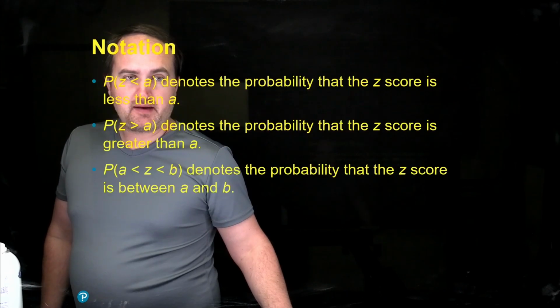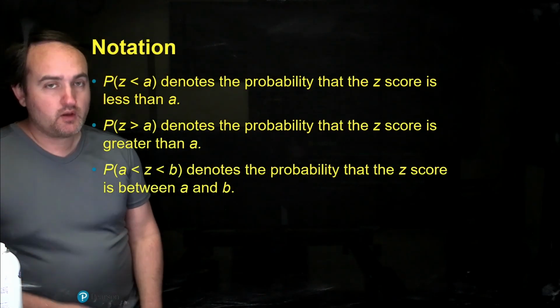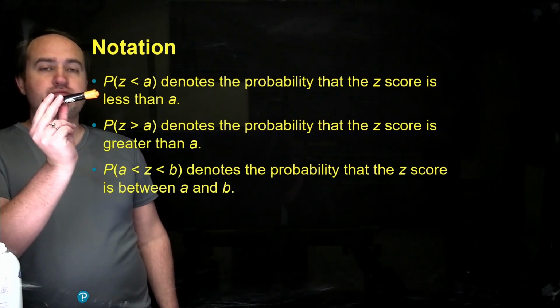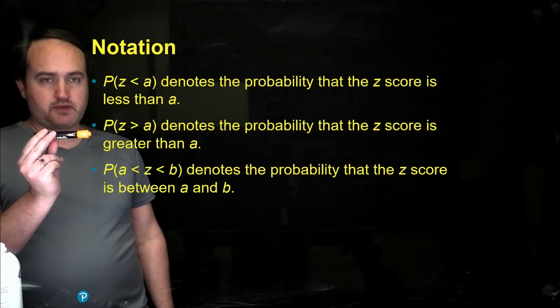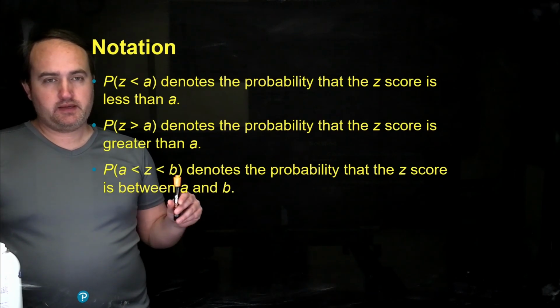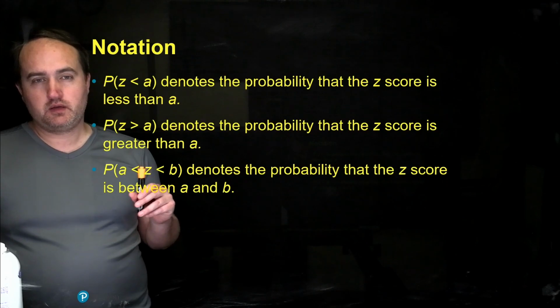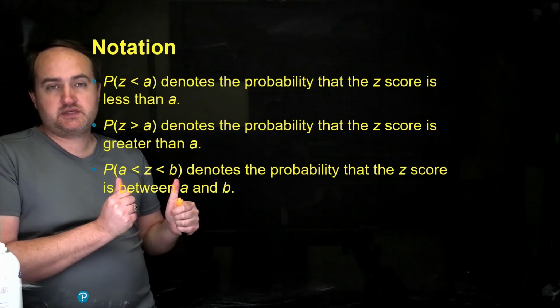So if I skip ahead again to the notation, what we've done so far is less than goes to the left, greater than goes to the right, that's the area to the right. And then what we're going to work on right now is a z-score between, well, really two z-scores.